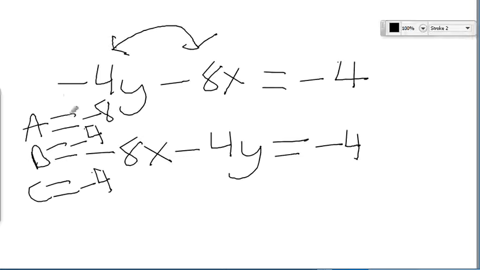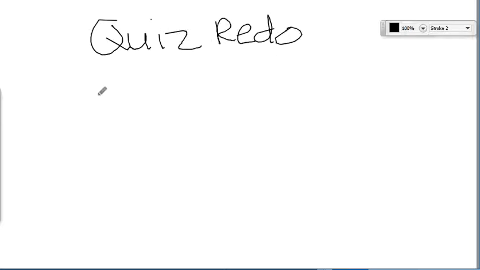Okay, now what I would like you guys to do from here is I am going to give you 2 new problems to do. So when you turn this into the box, please label it as quiz redo.